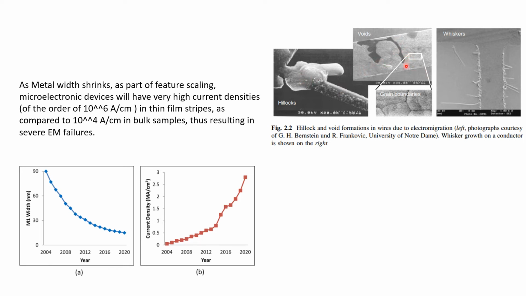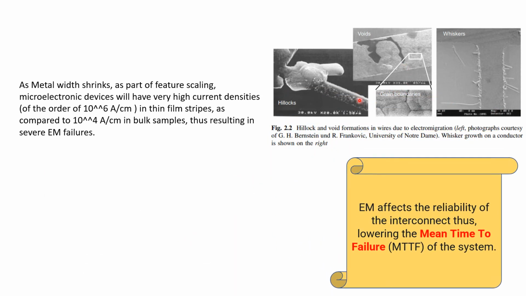If the breakage goes further, it will become a void, an open, and here some hillocks have formed. This will lead to a reliability issue. That is why EM effects can be seen in the failure of devices.